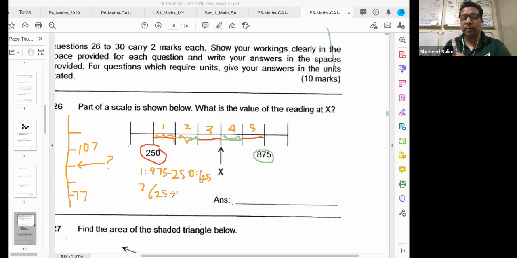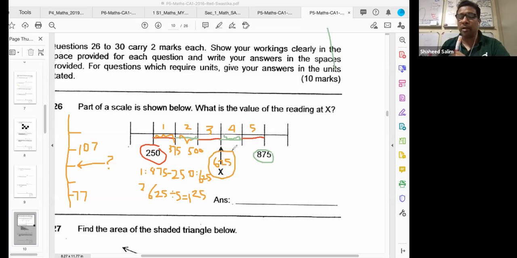You get 125. It means that 1 part is 125. 250 plus 125, you get 375. 375 plus 125, you get 500. Now 500 plus 125 is 625. So the answer down here is 625.